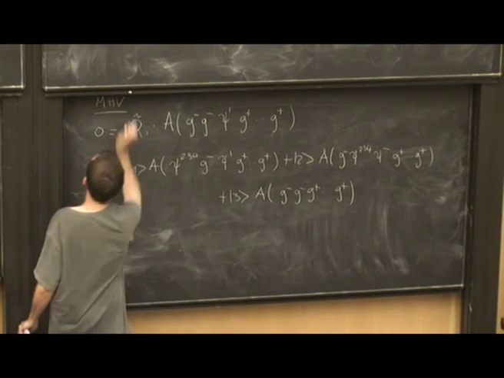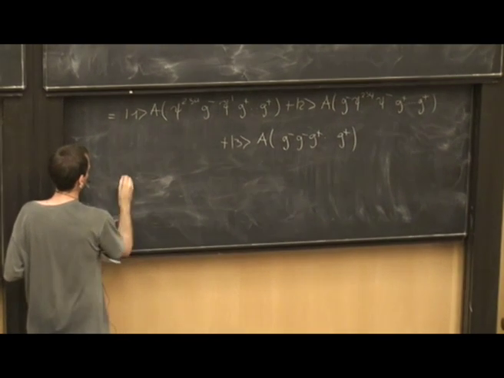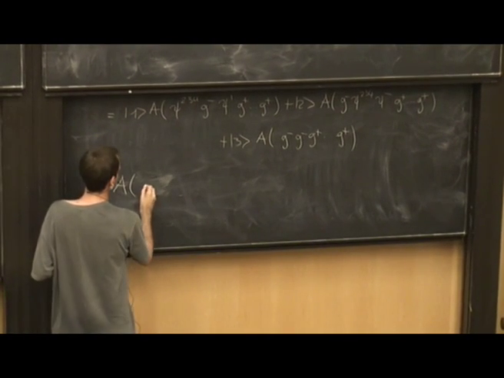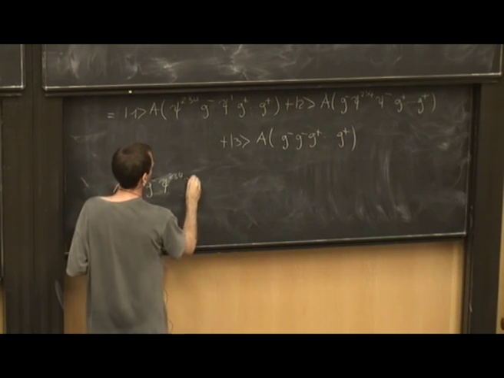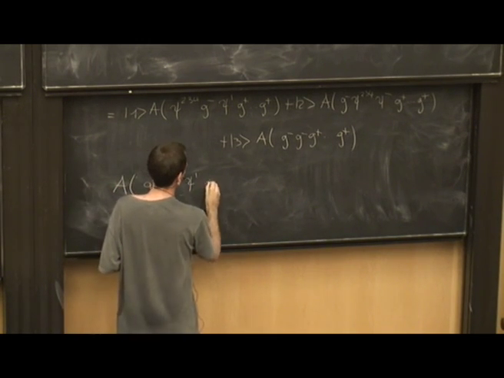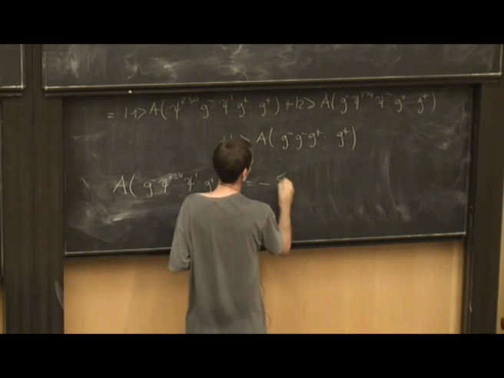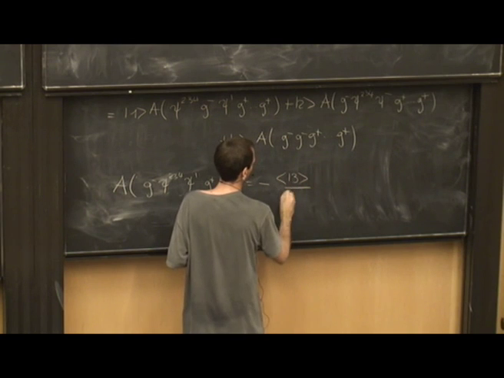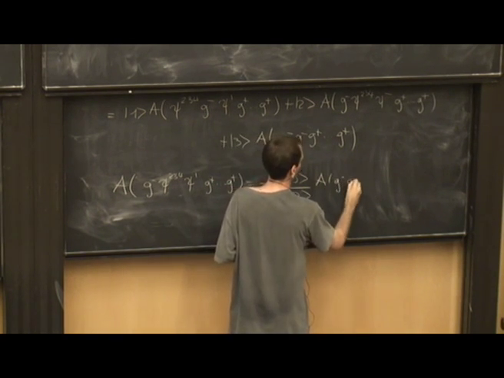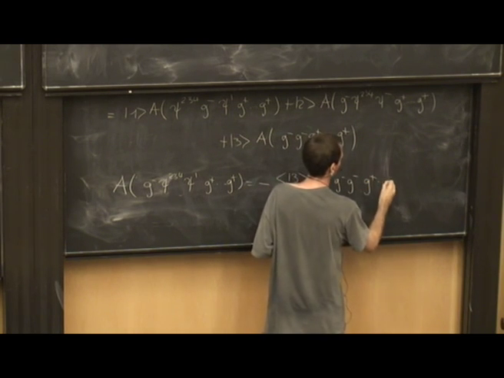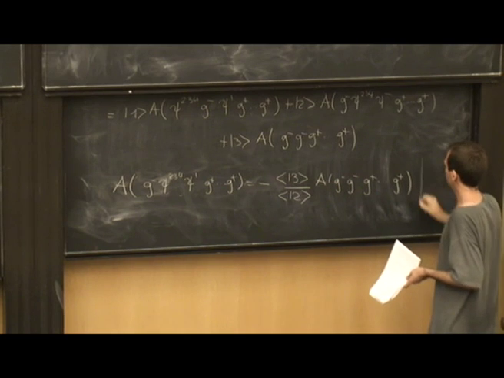Okay, so this relation reads A G minus 3, 2, 3, 4 psi 1 G plus is equal to minus 1, 3, 1, 2 A G minus, and G plus. So this is what I got.